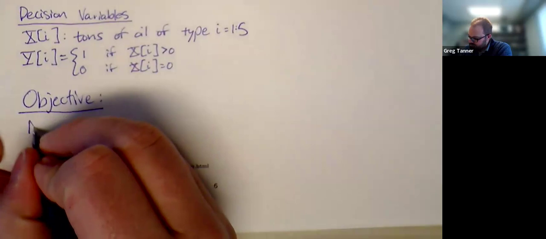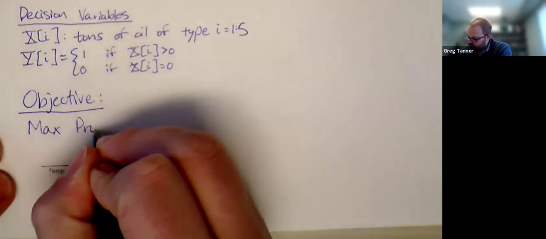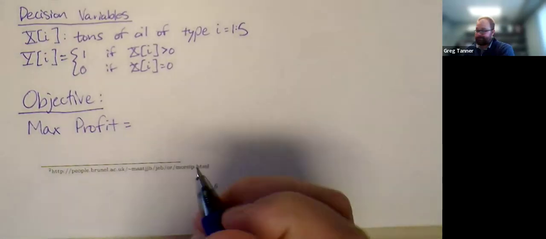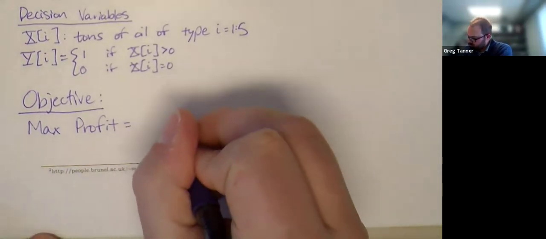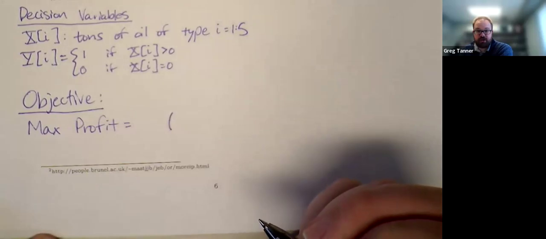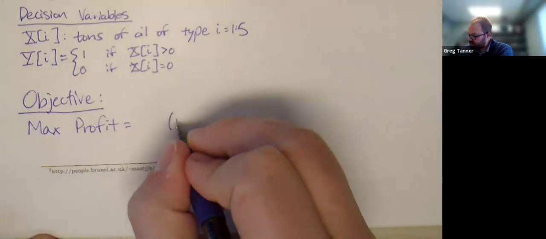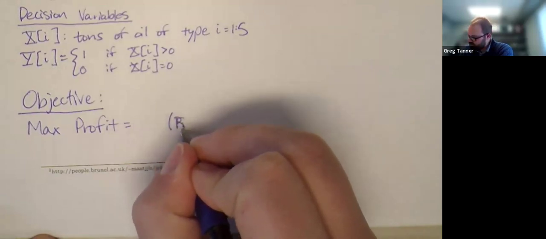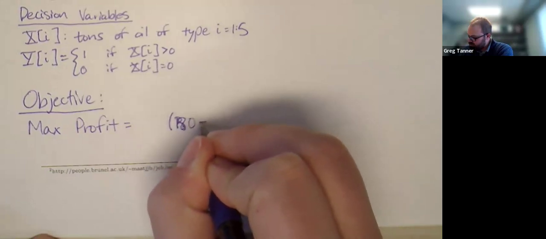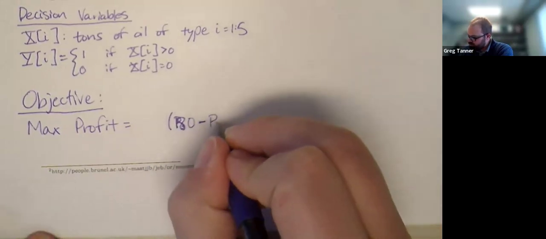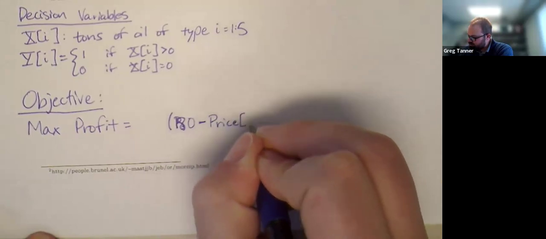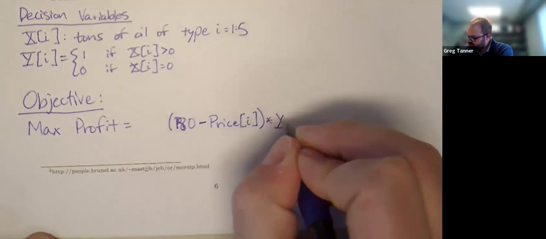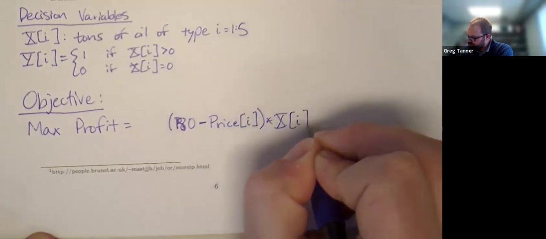Our objective is to maximize profit, and that profit is equal to, let's think of for each ton of oil that we sell, we get the revenue, which is 180, minus the price of that oil that went into it, multiplied by x_i.